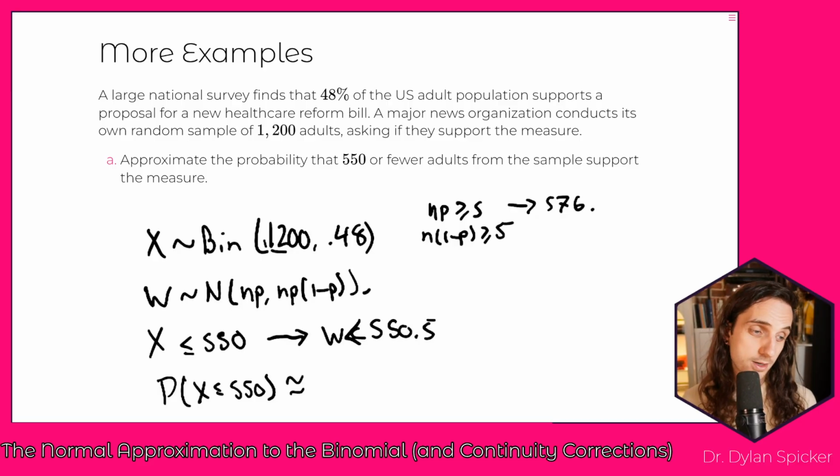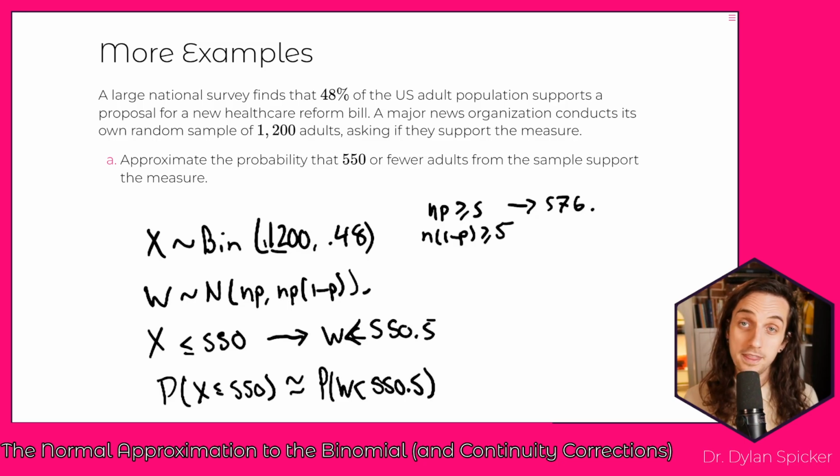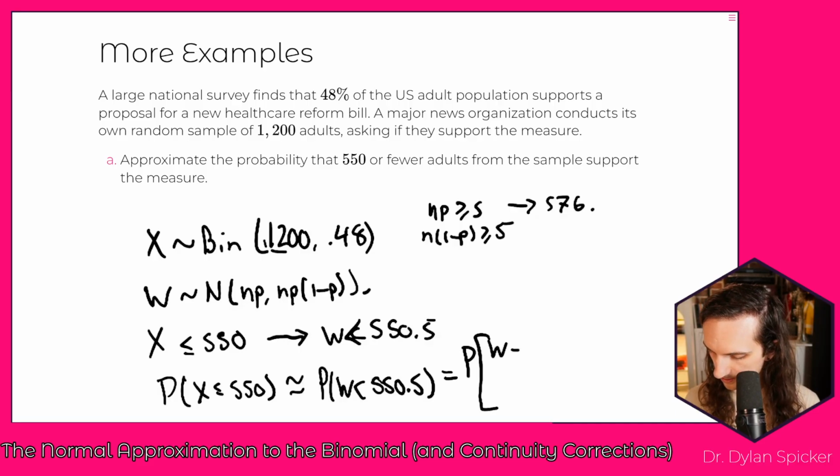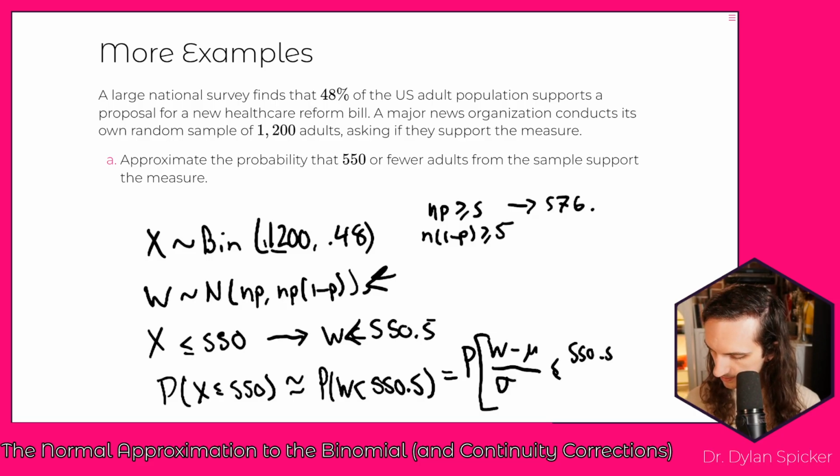And so instead we can say, well, this is going to be approximately the same thing as the probability that W is less than 550.5. Okay. And then what we can do is we can use our normal probability tools, right? So that then we can take this to be the probability W minus its mean divided by its standard deviation, which we get using our definition of W up here, is less than or equal to 550.5 minus the mean over the standard deviation.